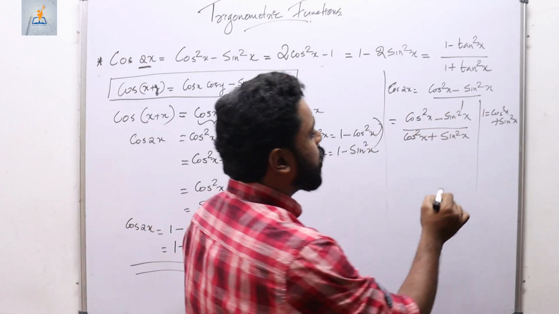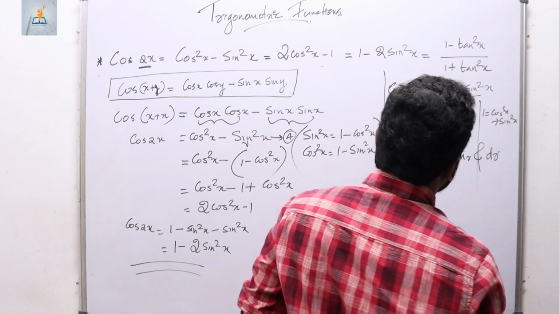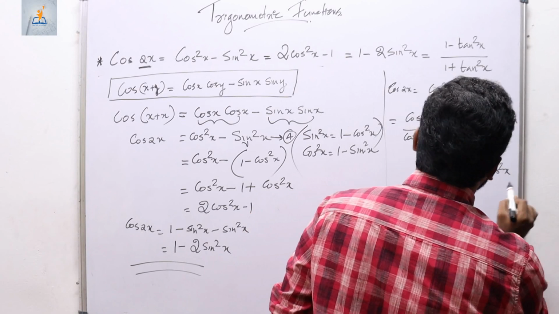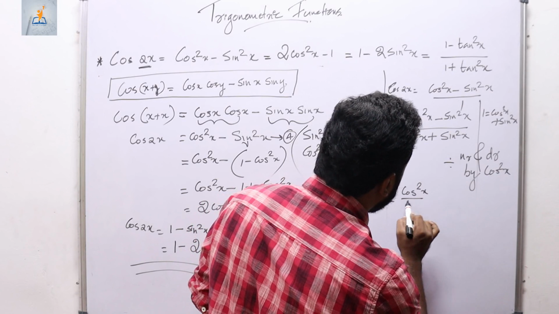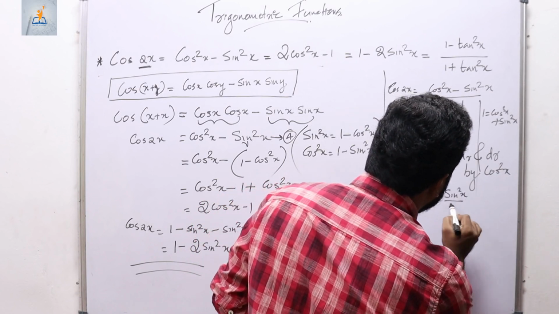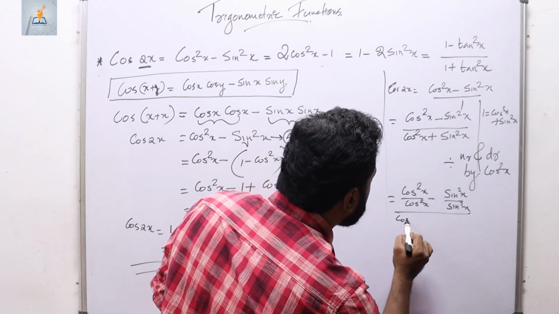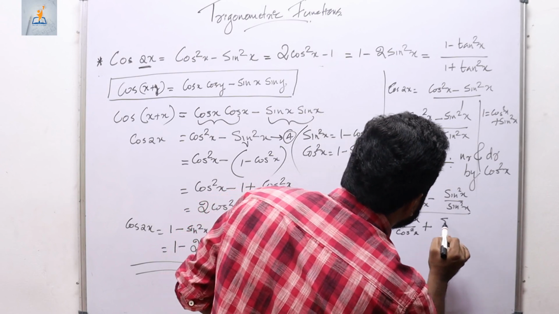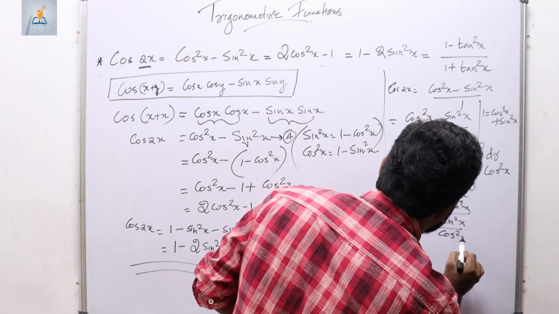Now I am going to divide numerator and denominator by cos square x. So the numerator will become cos square x divided by cos square x minus sin square x divided by cos square x, whole divided by cos square x divided by cos square x plus sin square x divided by cos square x, isn't it?